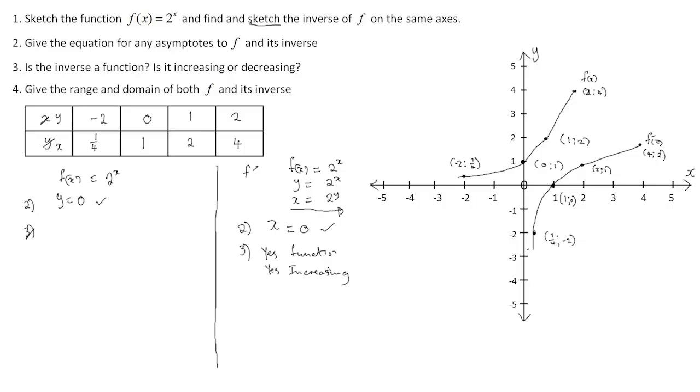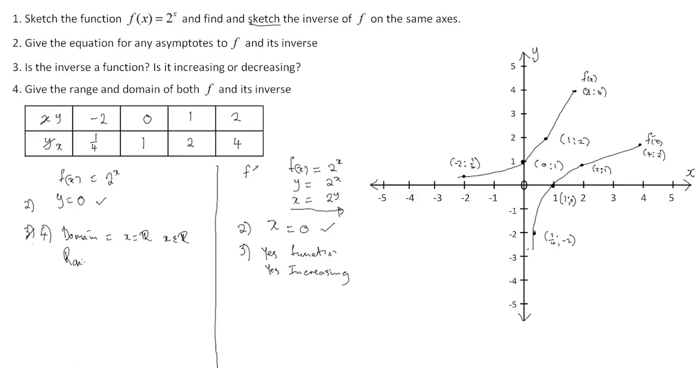Let's look at number 4. With number 4, we want the range and the domain of both the function and its inverse. Let's first look at the domain. Remember the domain is all x values, so we can see that it's all real values. So we can say x is an element of all real numbers. And then we look at the range itself.